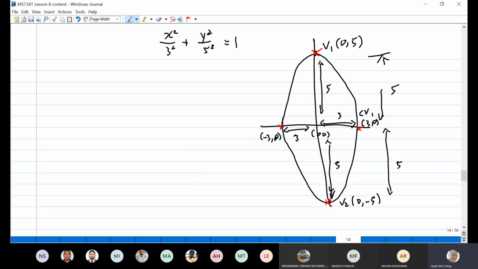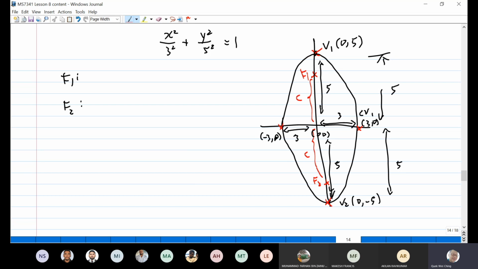And then how about the foci, F1 and F2? Somewhere here there's a focus, F1, and also F2. How to find them? The distance from the center is called C here. This C is the distance from the center to the focus. How to find C?